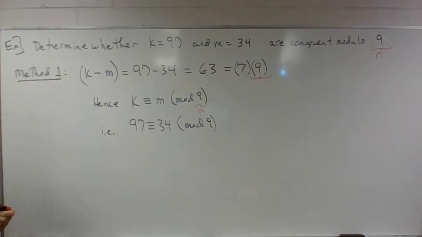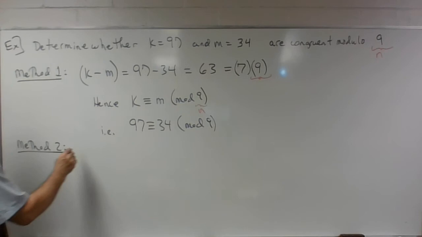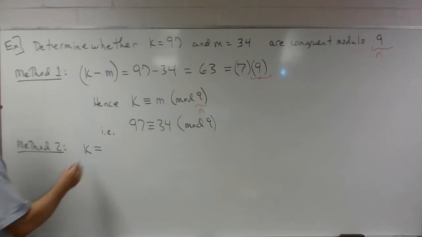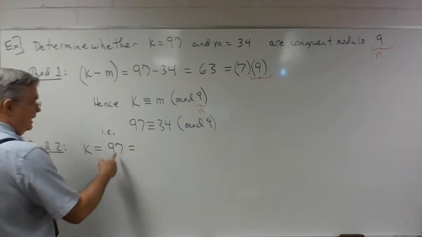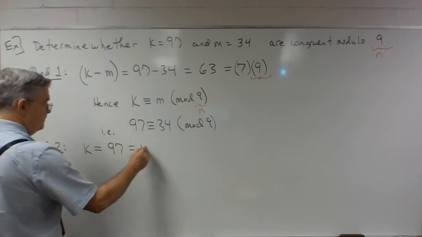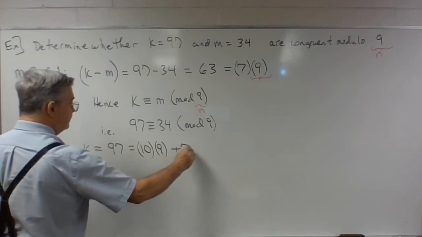Now, I did say that we were going to do this a different way. So let's do method number 2. If we divide k, that is 97, by n, that's going to be 10 times 9 plus 7.